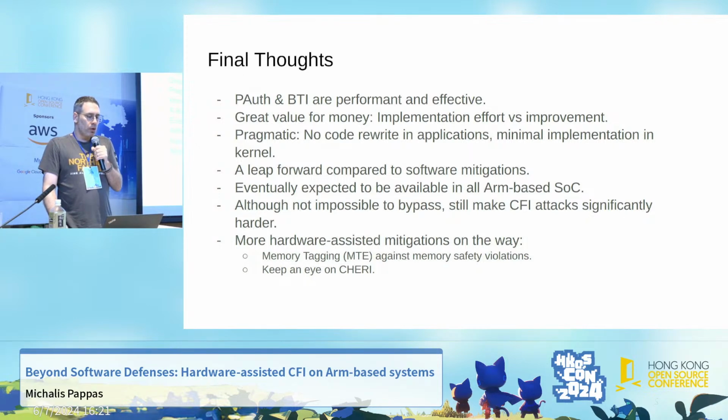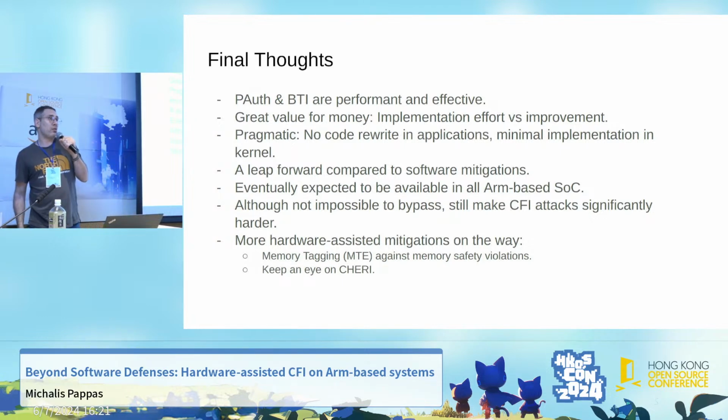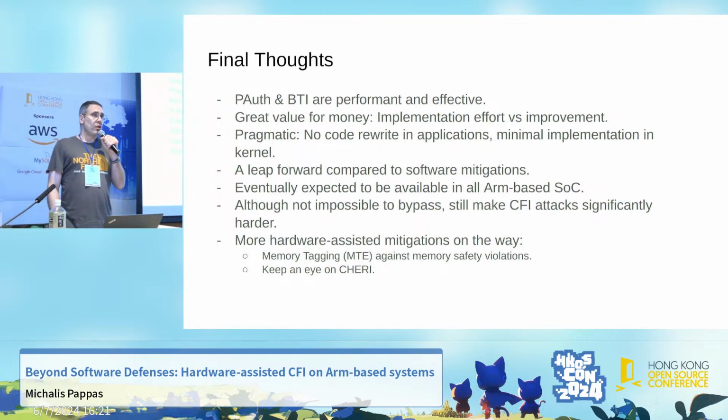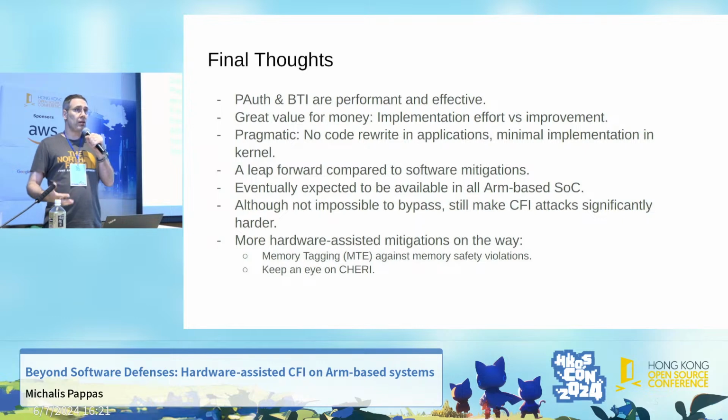As I said, there are more mitigations on the way, especially MTE, which I think addresses the problem of memory safety at its core because it detects memory violations when they happen. And of course, there is also CHERI, which is based on fat pointers with capabilities. That is something very promising for the future.